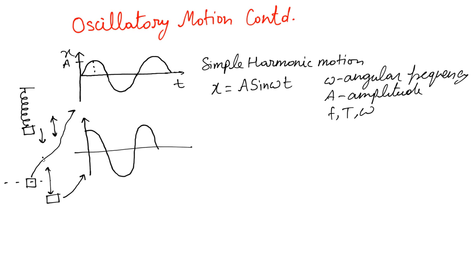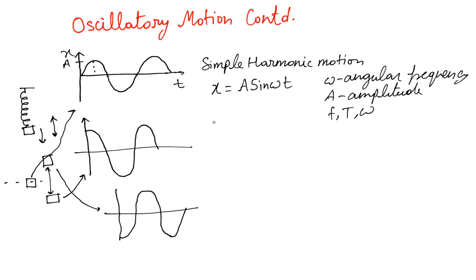If you start describing the motion from the situation where the spring is compressed in the upward direction, then the whole thing will look something like this. It's a sine wave. Please assume it's a sine wave. I'm trying to draw a sine wave, it's not really one, but it's a sine wave.